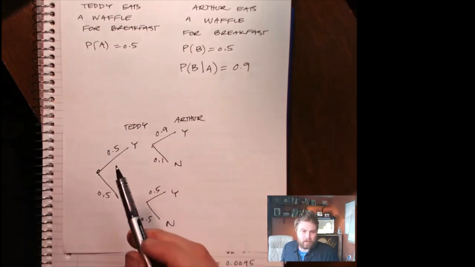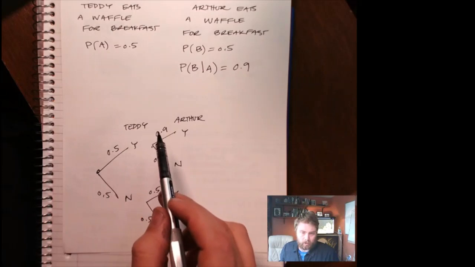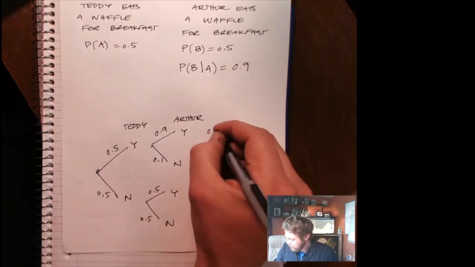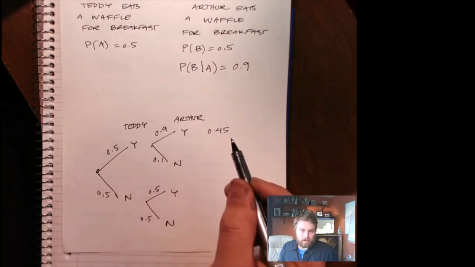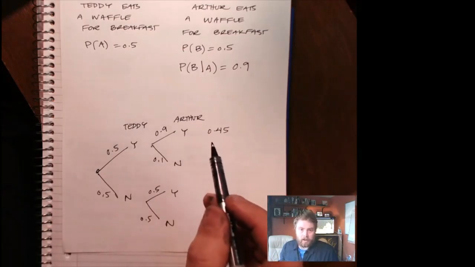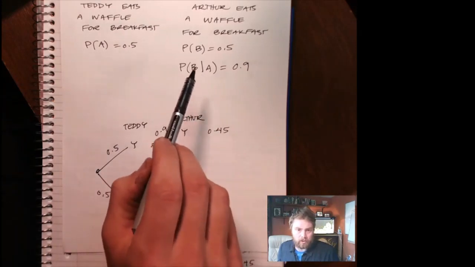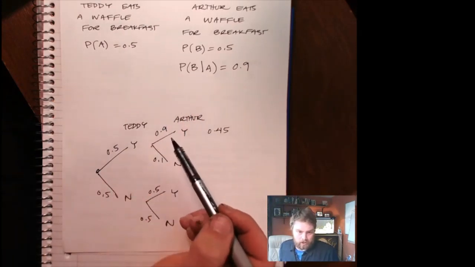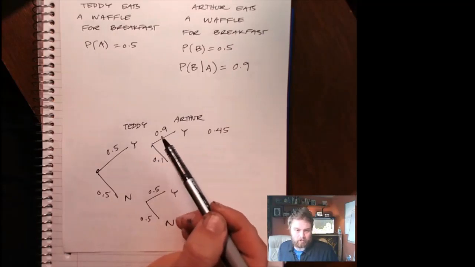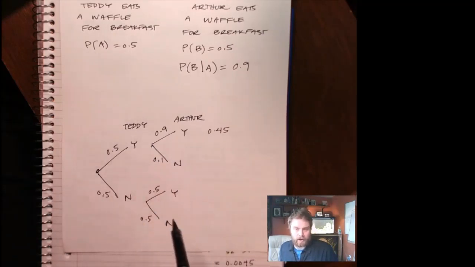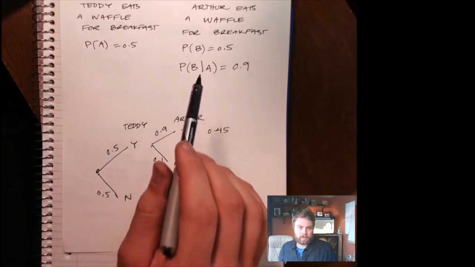And you still do the same calculations. It's just 0.5 times 0.9, 0.45 for this particular pathway, this combination to happen. The only thing that is maybe new to you this year is we're going to use this symbol to reference this particular branch of the entire tree diagram. So that's the new part for you.